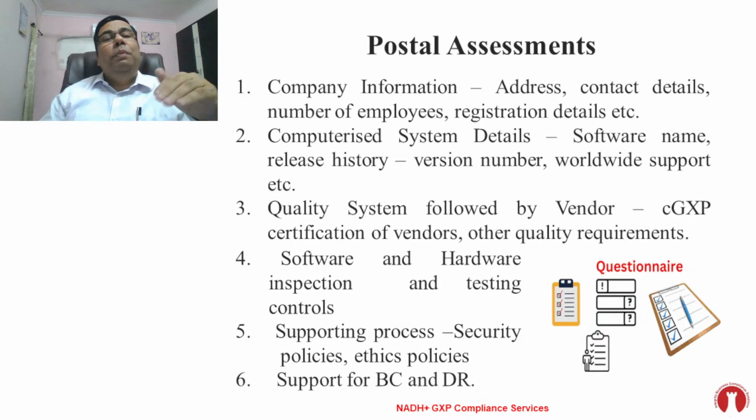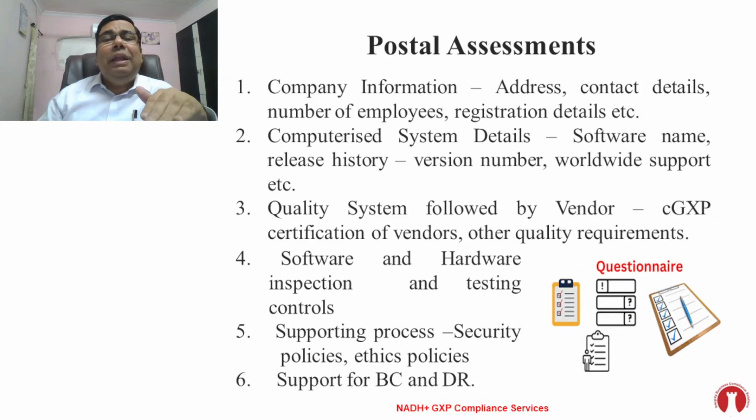The second heading should be computerized system details. That is the important thing. It means software name, what type of software, and what the release history is. Suppose the software will be supplied to you, but before that, did you supply it to some other countries or other customers?